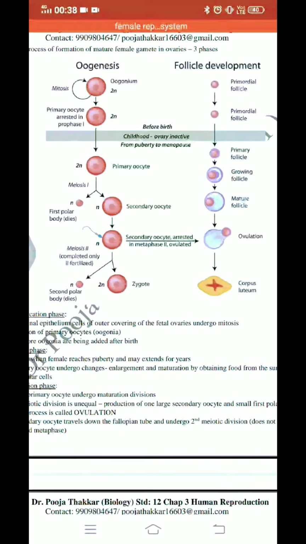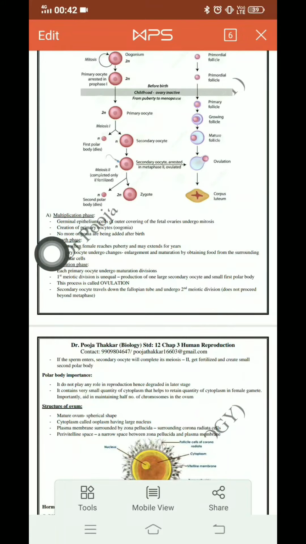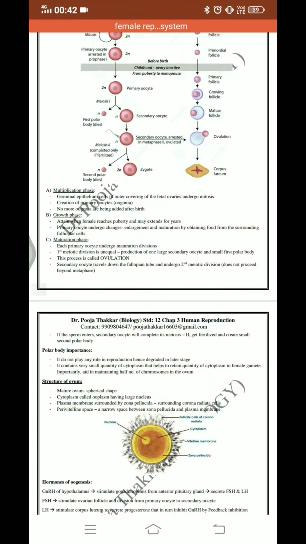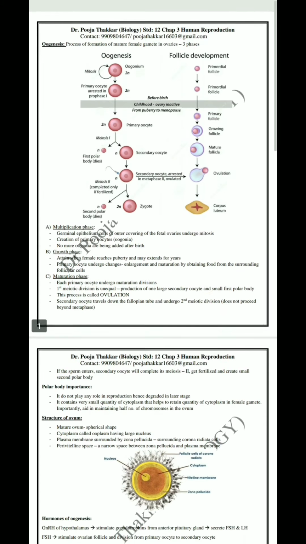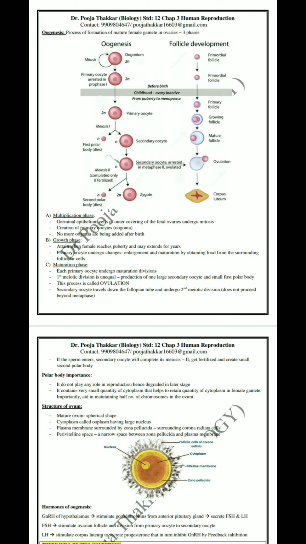On the left side, you will be able to notice the flow chart of oogenesis, in which you can see the oogonium cell, which is diploid in nature. It can also be considered as the germinal epithelial cells of the outer covering of the fetal ovary, which undergo mitosis, as you can see in the diagram, and form the primary oocyte that gets arrested in prophase 1.